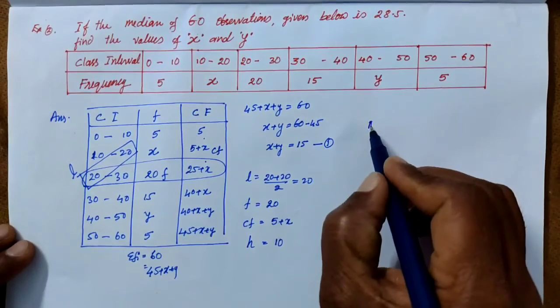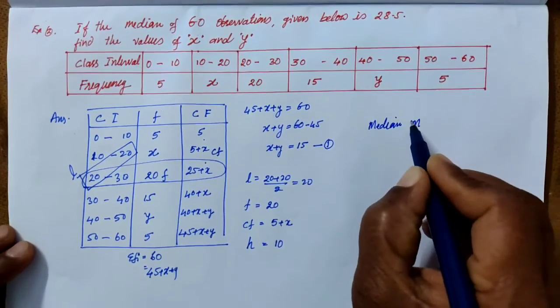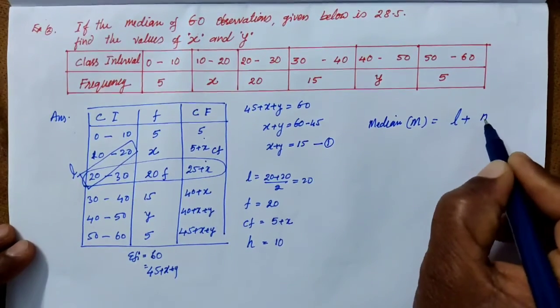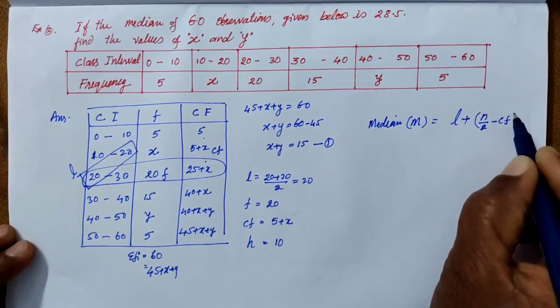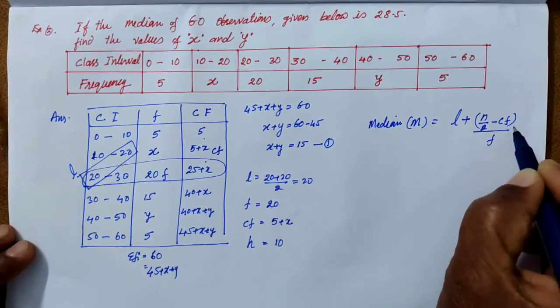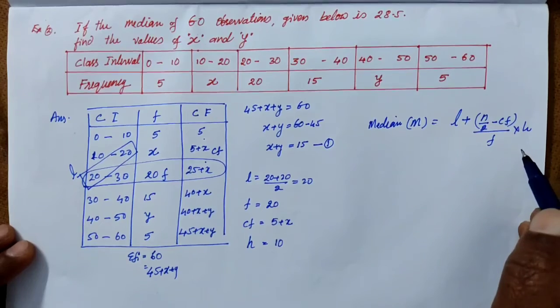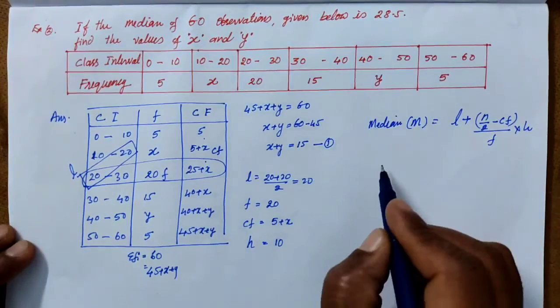Now the median is equal to L plus n by 2 minus CF by f into h. This is the formula to find the median of grouped data, and the median is given, that is 28.5.